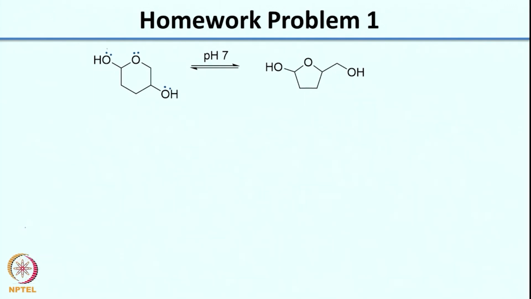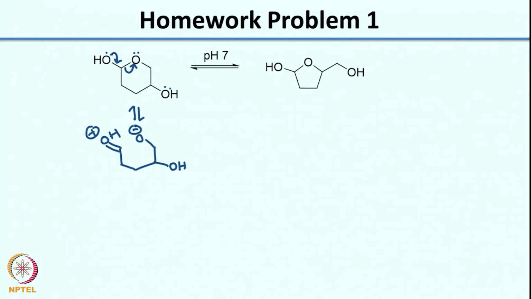Now comes the third oxygen, and let us see what happens when we push arrows from there. If we go from this oxygen, I will systematically write it so that the charge balance is maintained. So, I start from a neutral compound and I get a neutral intermediate.